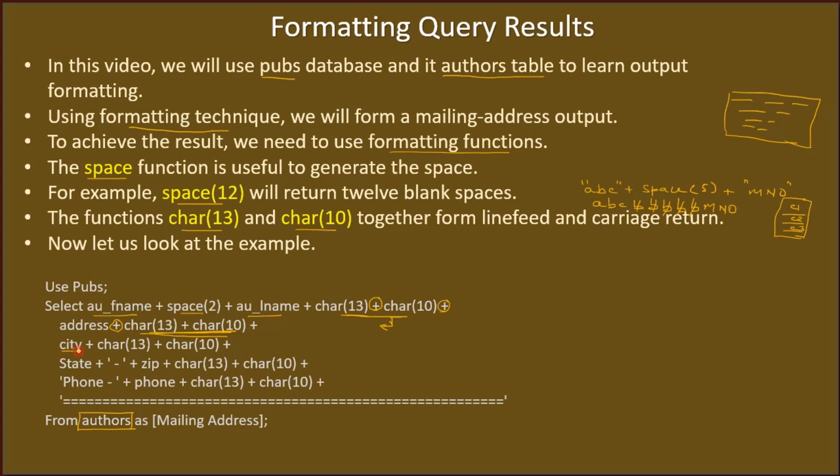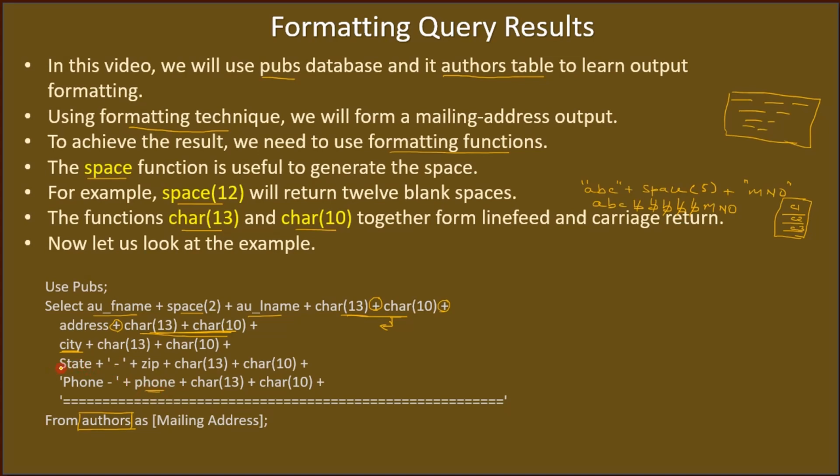Next we are printing the city, enter, then state, a hyphen, and zip, once again a new line character, then phone.